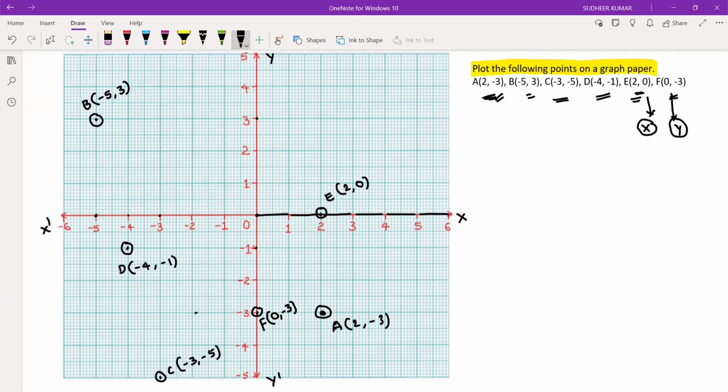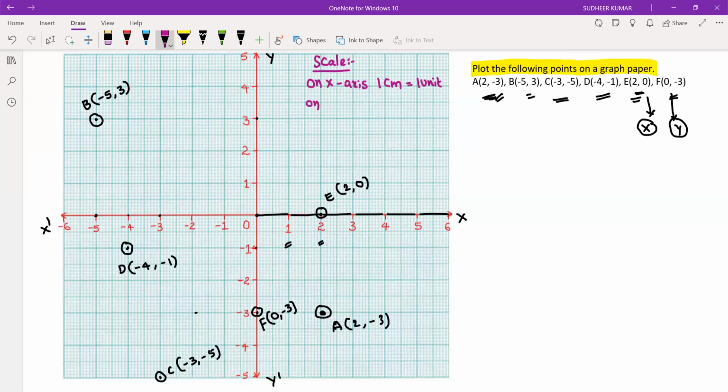That's all. But when we take these values, 1 centimeter is 1 unit, or 2 units, or 3 units, or 5 units, as per our requirement, we have to write the scale. Usually we write it at the top right corner. On the x-axis, 1 centimeter equals 1 unit.